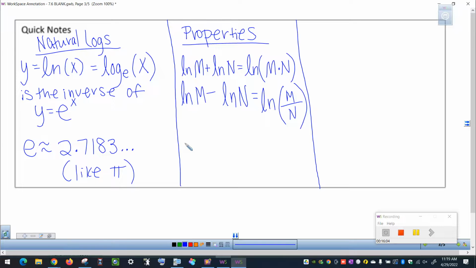All right, and then our last property helps us to deal with taking the log of something that's holding up an exponent. So the ln of m to the n, we're just going to do the same thing. We're going to take that exponent of n, and we're going to move it to the front, so it's going to multiply by ln m.